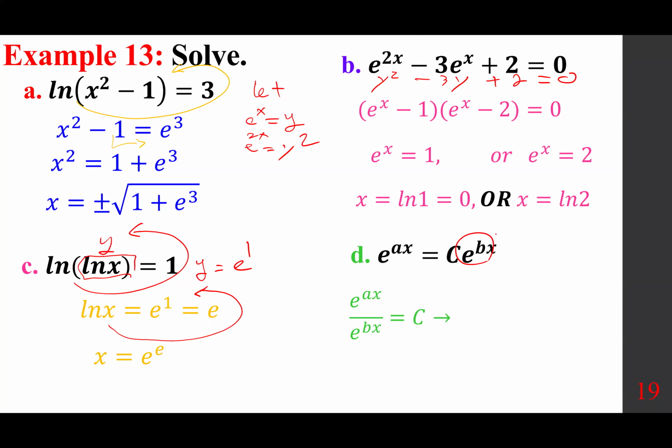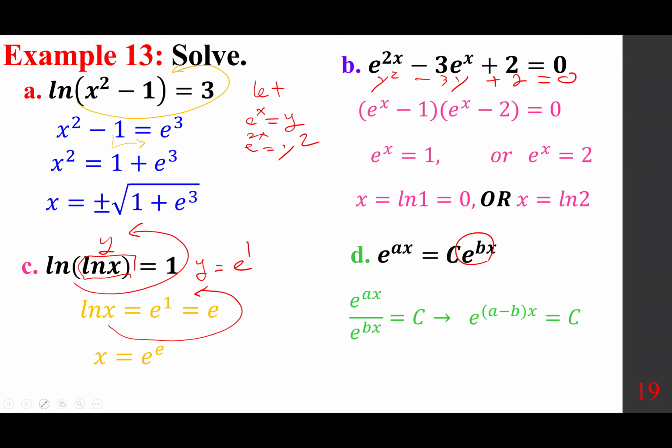And on the left side, we are going to combine these two using the exponential rules, which means the quotient rule, which means e to the power of ax minus bx, or e to the power of (a minus b) times x. I hope everybody knows what I'm talking about, right? The quotient rule for exponentials.